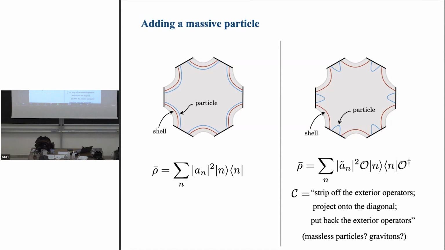I don't know how to guess the coarse graining map because a massless excitation is not localized in the inside or outside. So these words wouldn't even make sense if we tried to apply them to a massless excitation, including gravity itself. If you add back reaction, then you have some gravitational excitations that are not localized, and I wouldn't know how to apply this procedure.